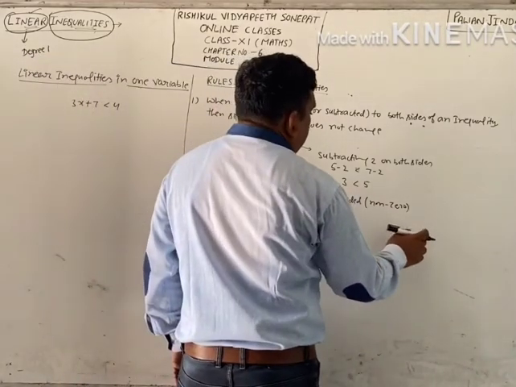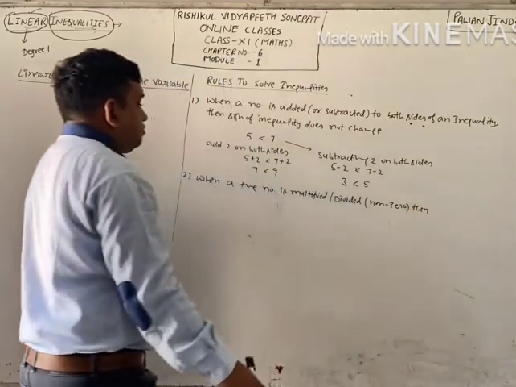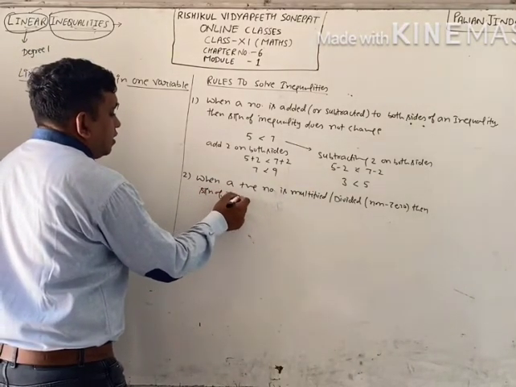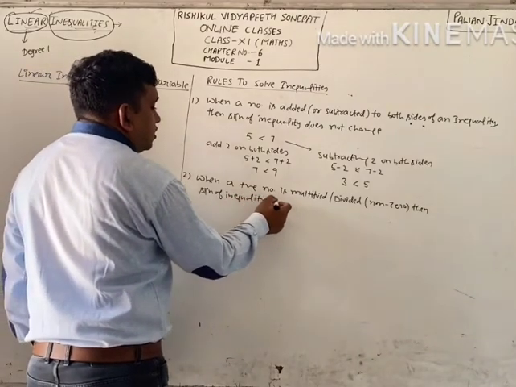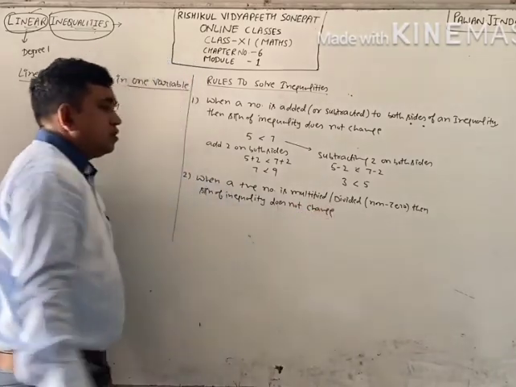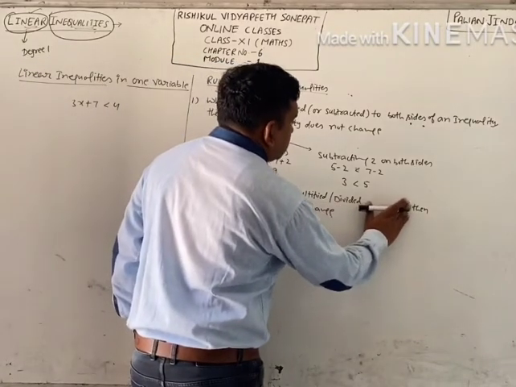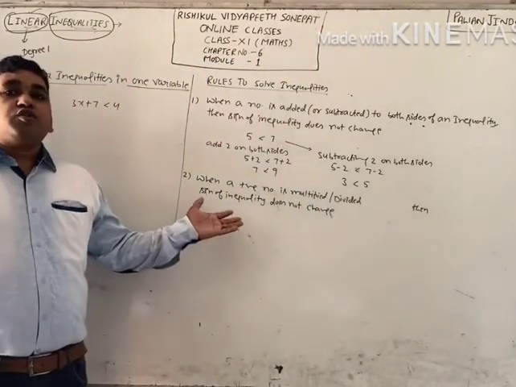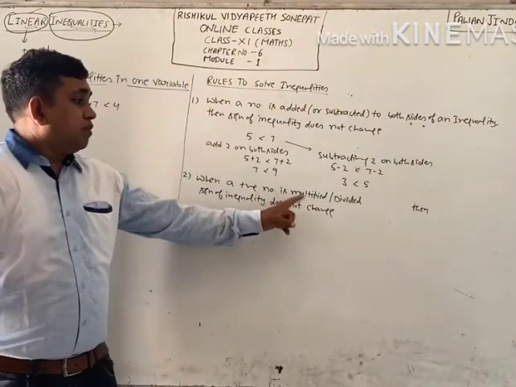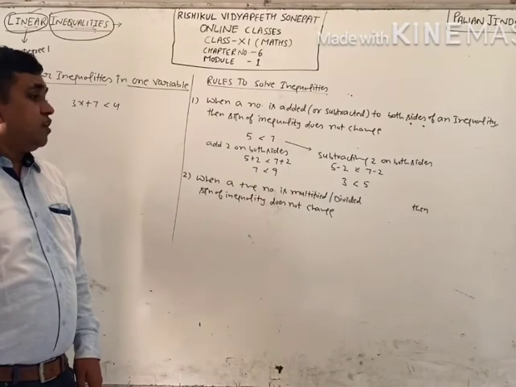Then sign of inequality does not change. I think there is no need to write down non-zero because 0 is neither positive nor negative. When a positive number is multiplied or divided, then sign of inequality does not change.